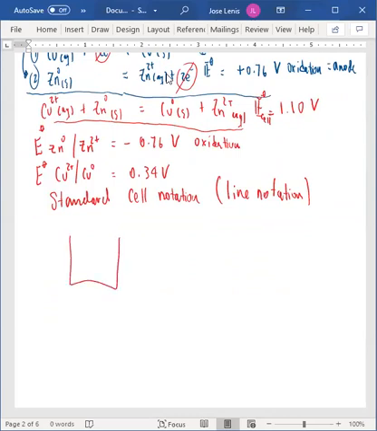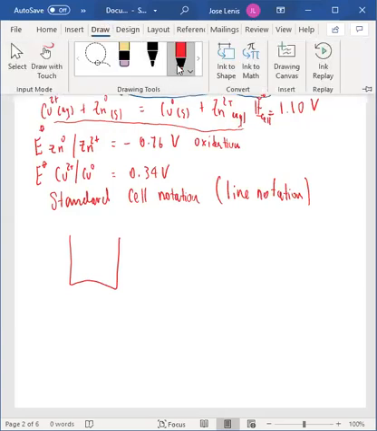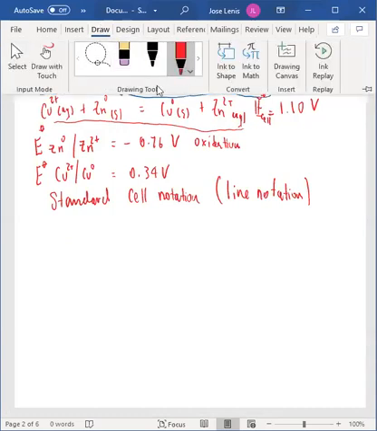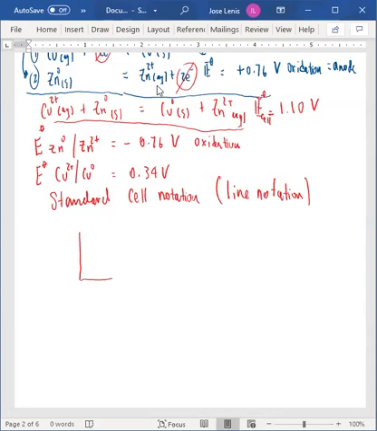Again, we have two beakers. Let me do it a different way. I'm going to draw something different, so you will see there are different ways to do this. In the lab demo, I mentioned it, Professor Gorbenko used paper to build out the cells.